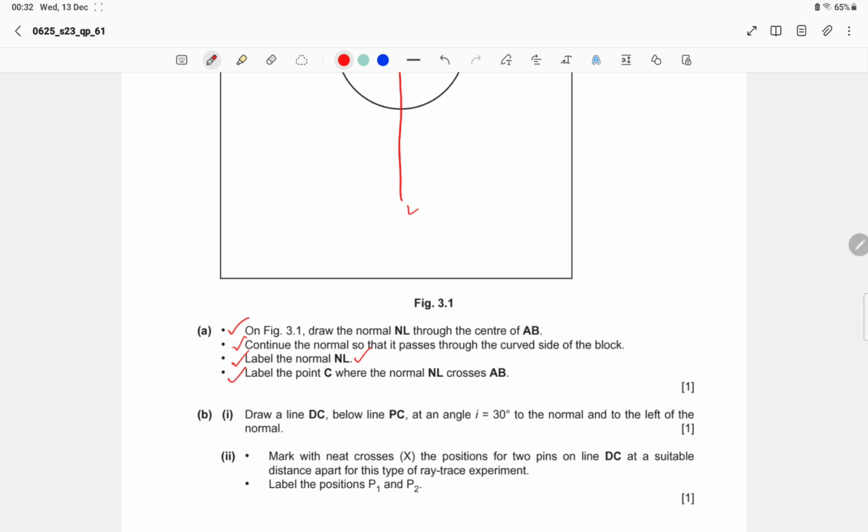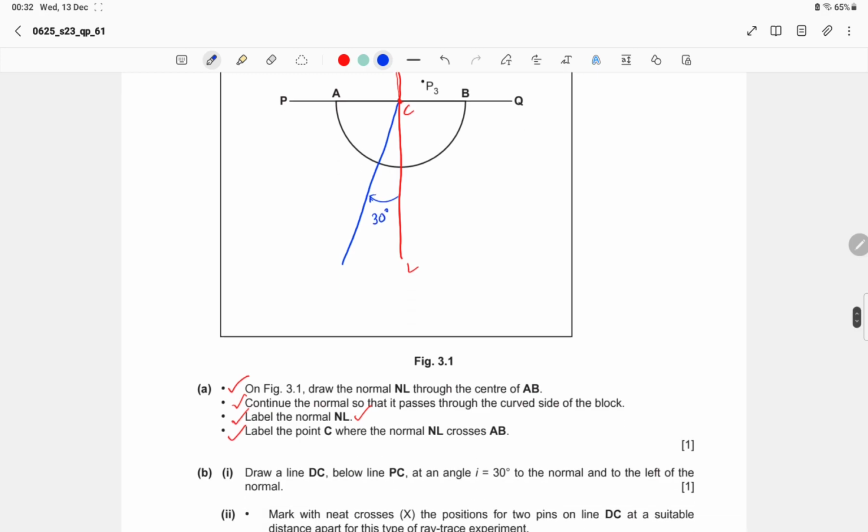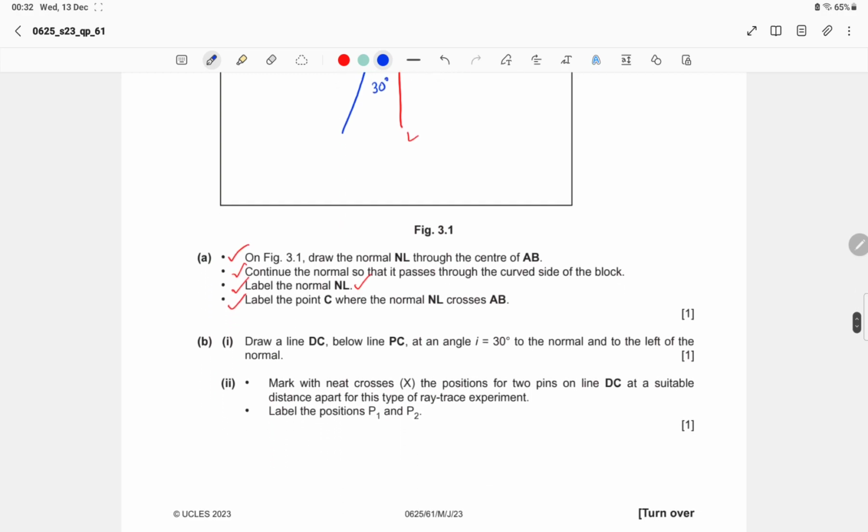Draw the line DC below line PC at an angle of 30 degrees to the normal and to the left of the normal. Okay, so now you have to draw a 30-degree angle. So this is going to be like this. Again, use the protractor to draw this. So this angle is going to be 30 degrees. So this is basically your angle of incidence. So this is done.